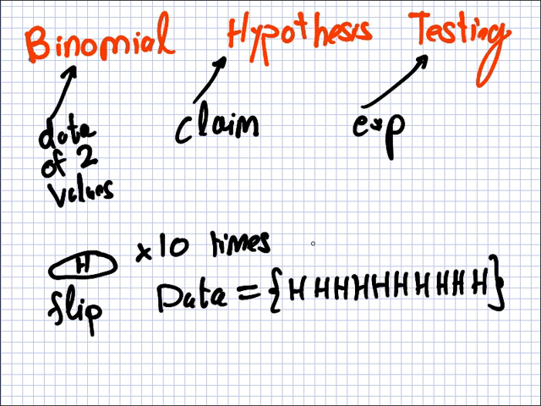Come on. Right. As I was saying, we flip a coin 10 times and we get the following data: 1, 2, 3, 4, 5, 6, 7, 8, 9, 10 heads. Now there's something a bit unbelievable about this, right? If somebody said to you that this coin is fair, would you think this data supports that hypothesis or not?